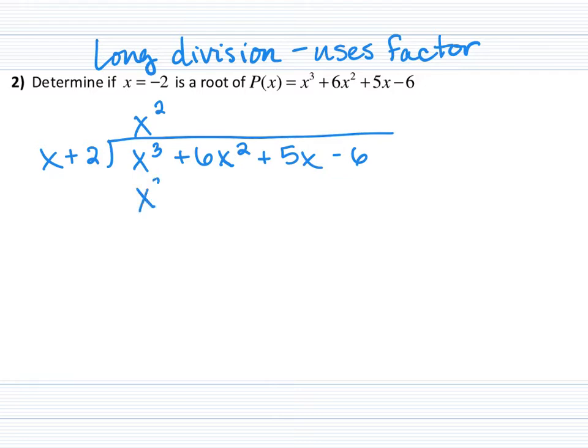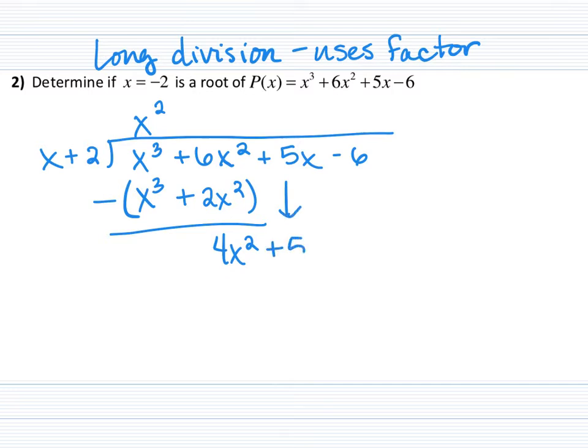Multiply x squared times 2, so 2x squared. Subtract 6x squared minus 2x squared is 4x squared. Drop down the 5x. So factor, we add the drop down part.